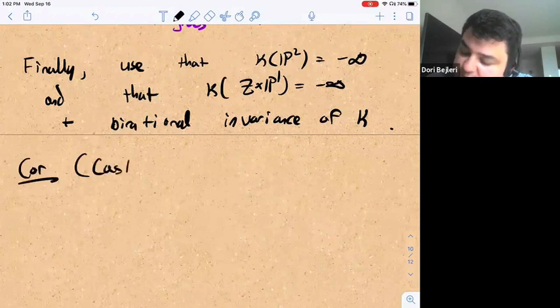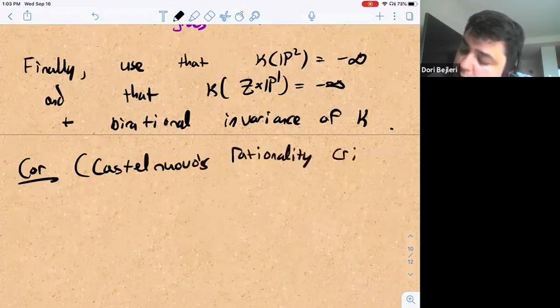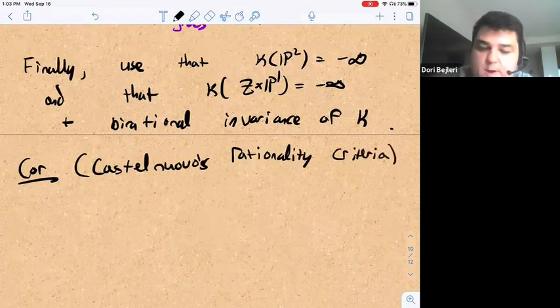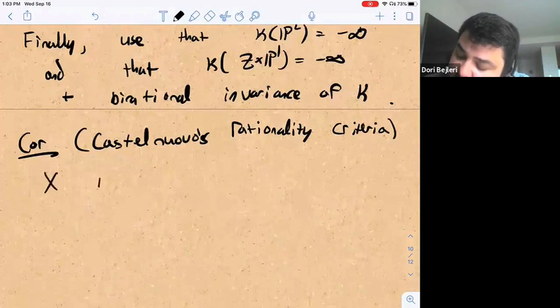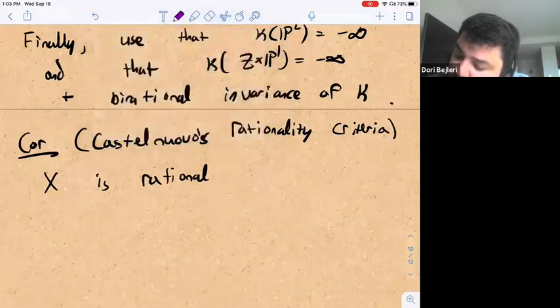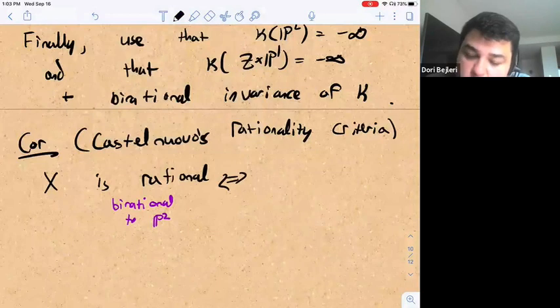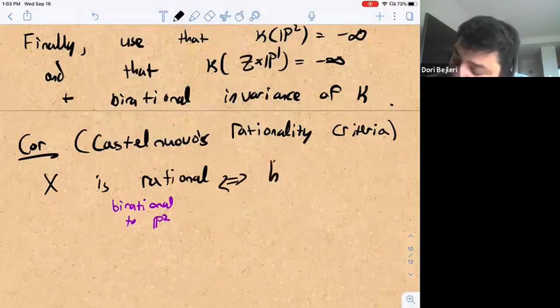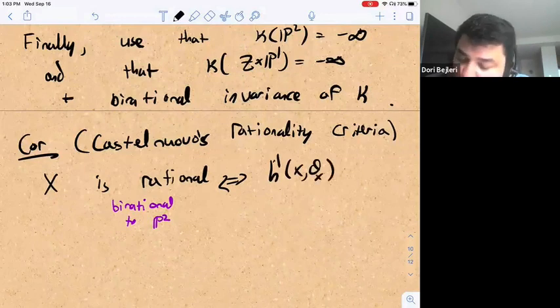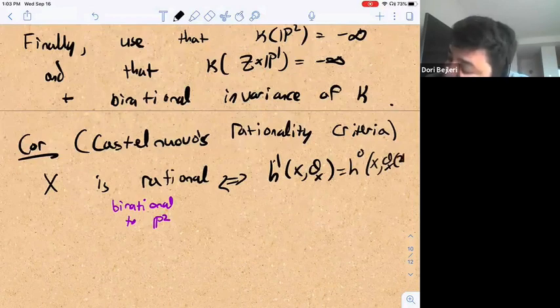This is Castelnuovo's rationality theorem, which says that a surface X is rational, i.e. birational to P2, if and only if the following two numbers are 0: h1 of X comma OX, and h0 of X, OX twisted by 2kx.